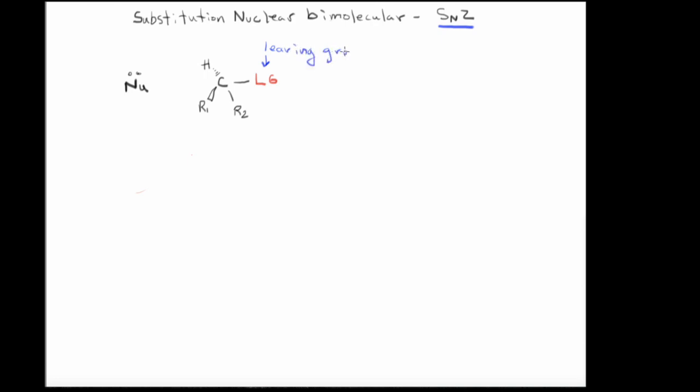The leaving group is the group that will actually be leaving the molecule, and the nucleophile, as we've already defined, is a molecule or even an atom which has a pair of electrons that's available to form a bond. This is a Lewis base. It may or may not have a negative charge on it. So this is called a nucleophile.